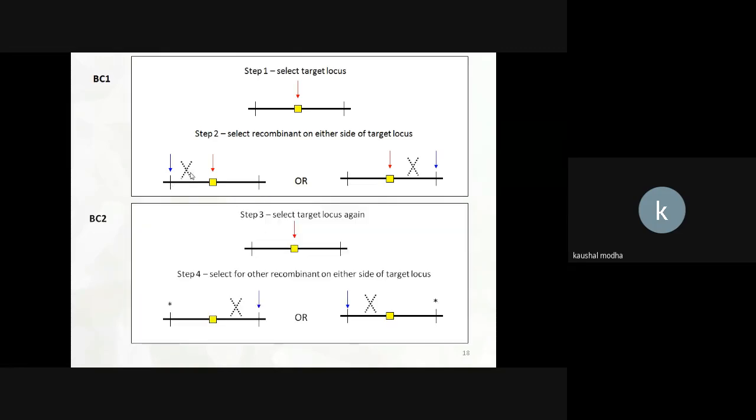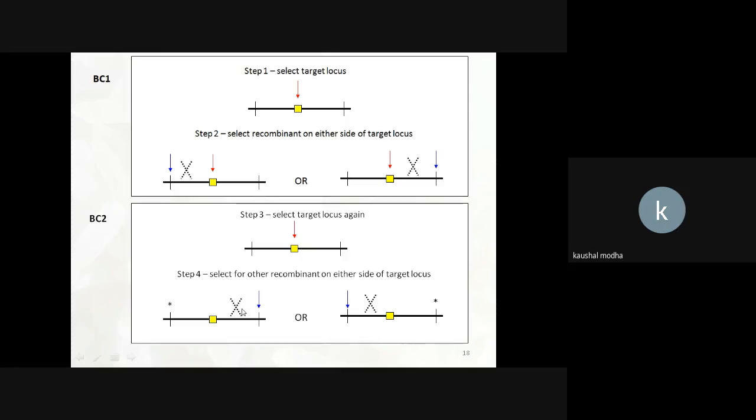If we have applied selection for this in backcross 1, then in backcross 2 we will keep this constant. That means the target gene must have the allele from the recurrent parent. That indicates that the recombination has occurred between the target region from the donor and the segment or the chromosome of the recurrent parent. So in backcross 2, we'll apply selection for recombination here.